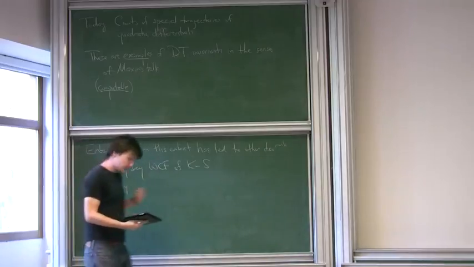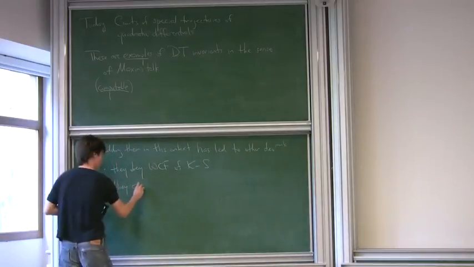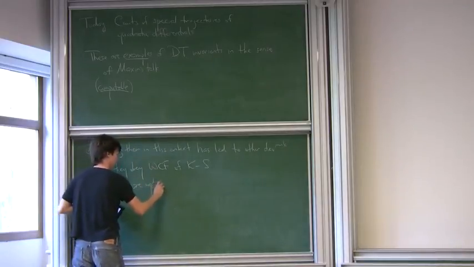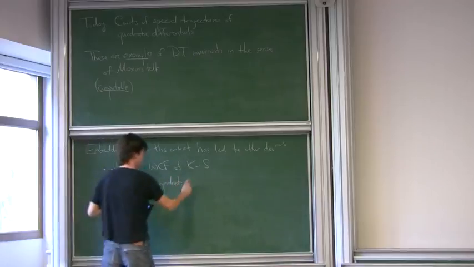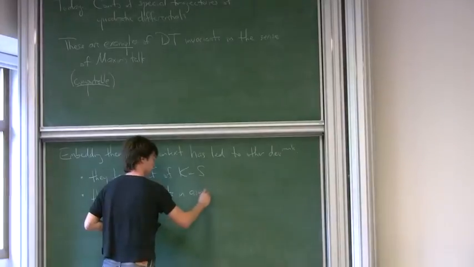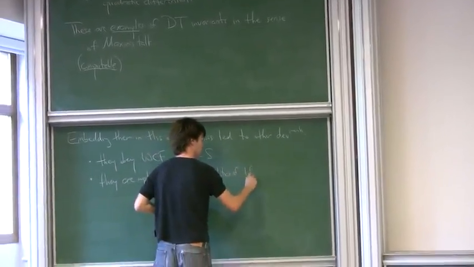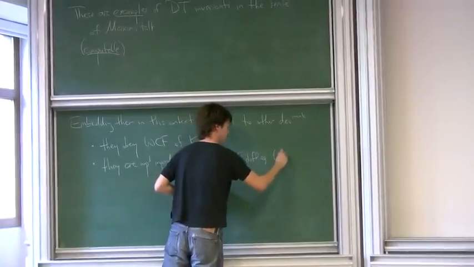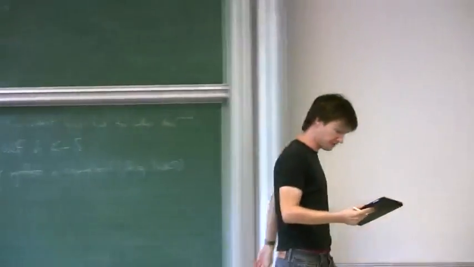But as it turns out, they also play a role in a lot of other constructions. So one thing is that they're important ingredients in studying the asymptotics of differential equations. What goes under the name of the WKB approximation.